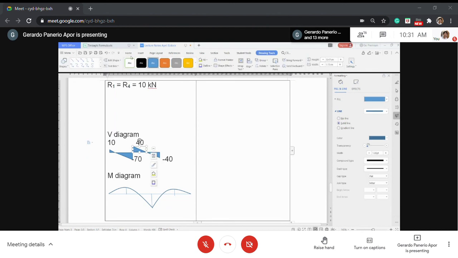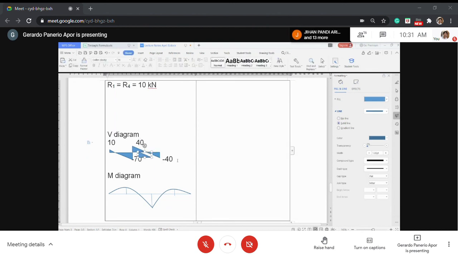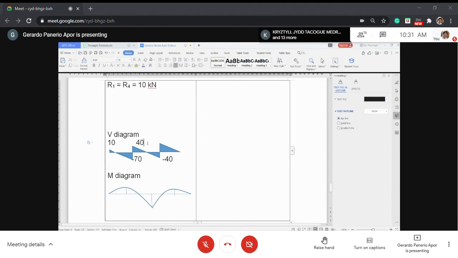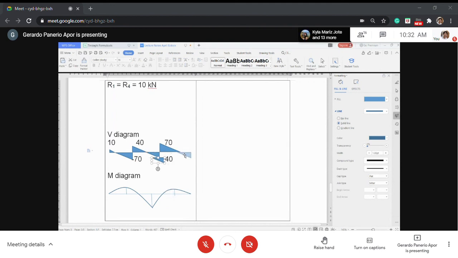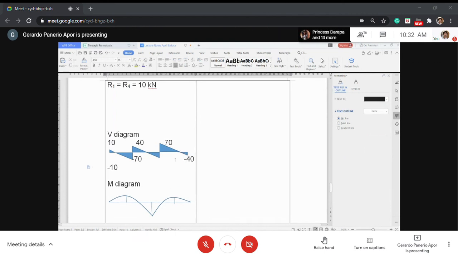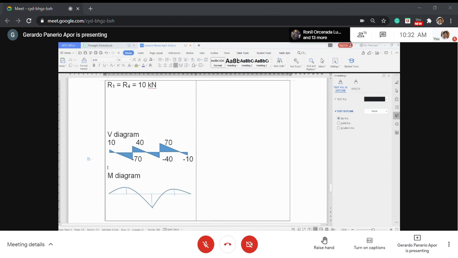Then 70. Okay. This will be your shear diagram. So that's the shear diagram.